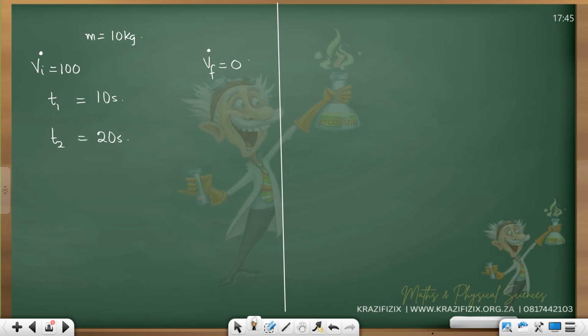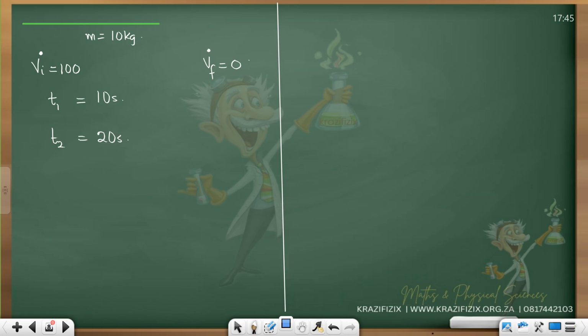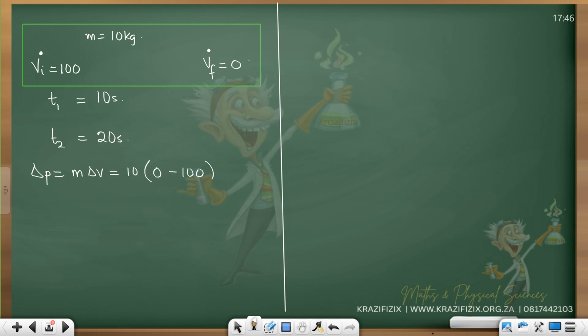This is what we mean. But do you notice that the only thing changing in the two scenarios is time? Because my change in momentum, which is mass times velocity, is really not changing. My final velocity is 0 minus 100. Do you notice that this is not changing?